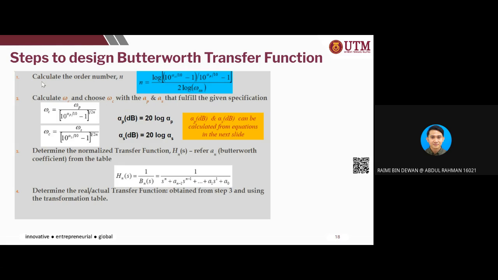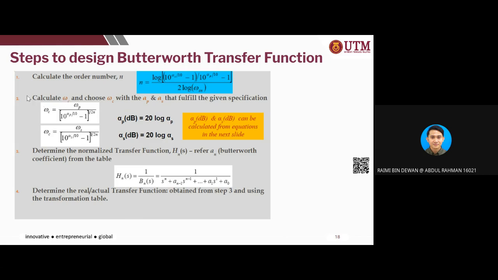Or maybe the question asks you to design a filter of order 2, then you know N equals 2. If a third order filter, N equals 3, and so on.